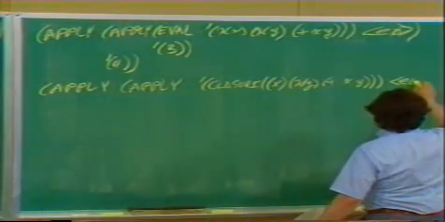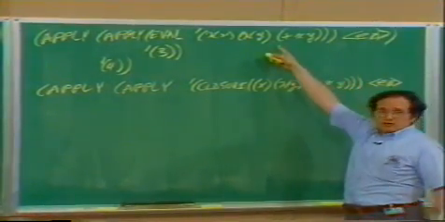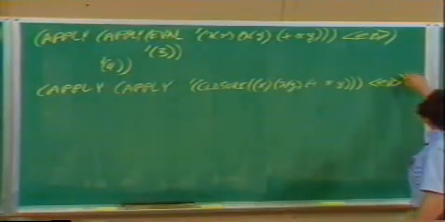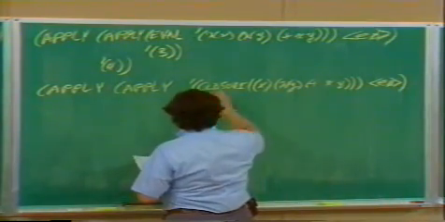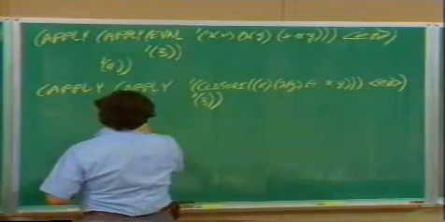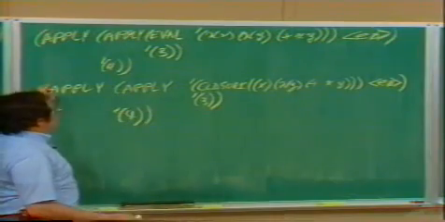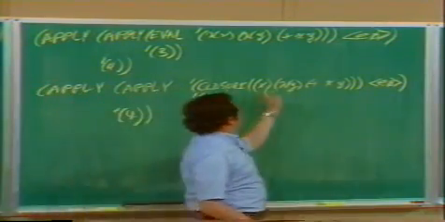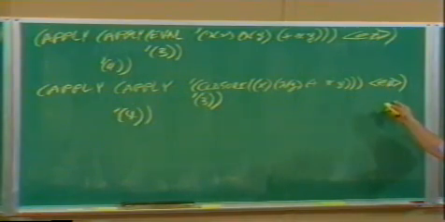Environment E0 is now captured in it, because this was evaluated with respect to E0. E0 is part now of the closure object. Apply that to open 3 close. Apply to open 4 close. Apply. So going from this step to this step meant that I made up a procedure object which captured in it E0 as part of the procedure object.